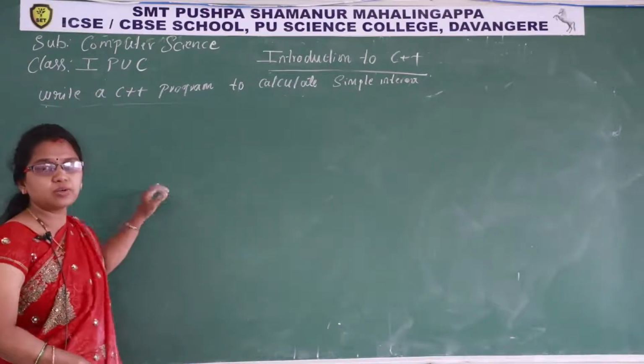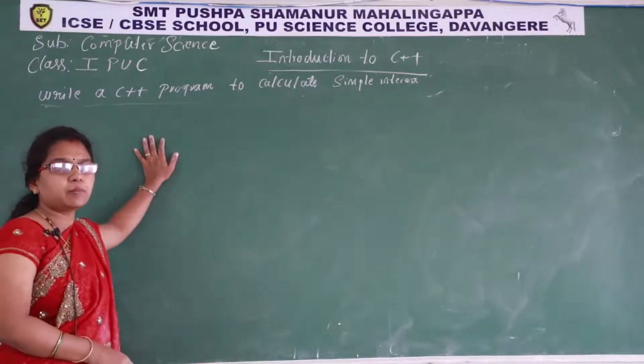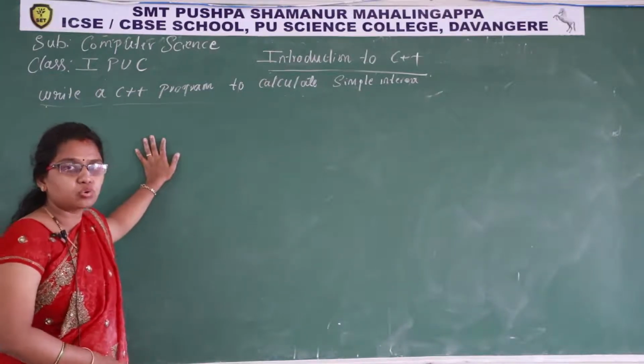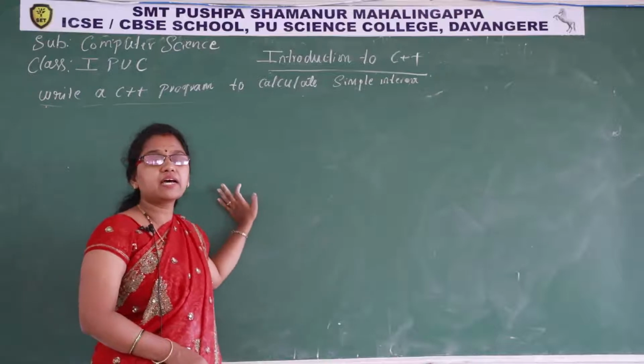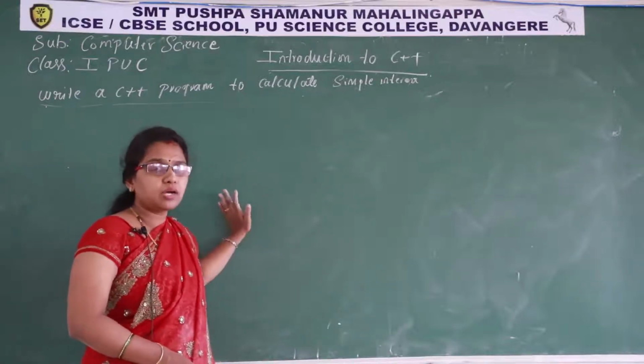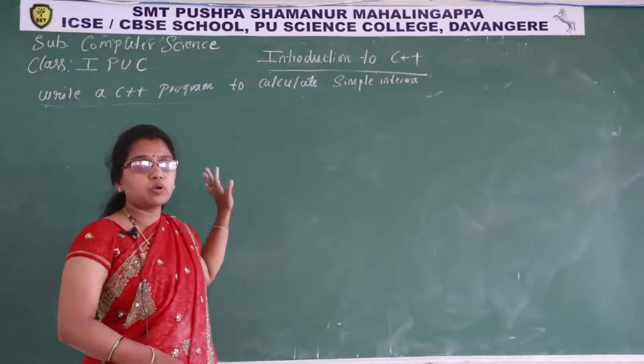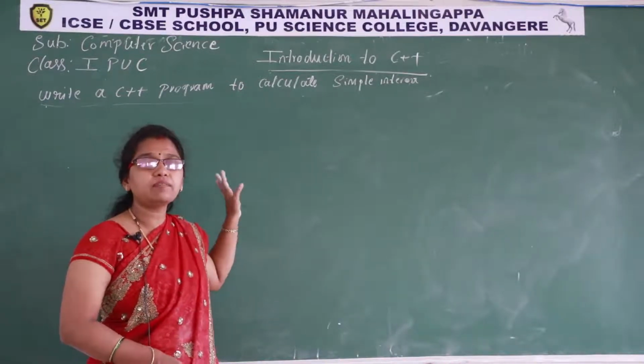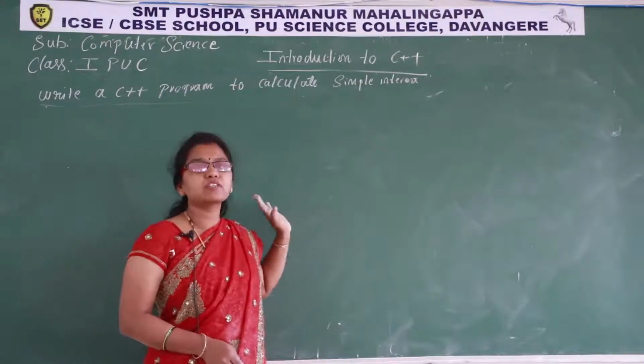See, what is the formula? P, principal amount, T, time, and R, rate of interest, PTR by 100. So total, how many variables are required? See, you have to analyze my question first. I am not asking how many inputs, I am asking how many variables are required for this program.